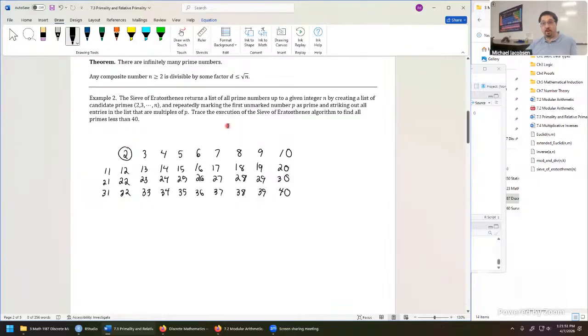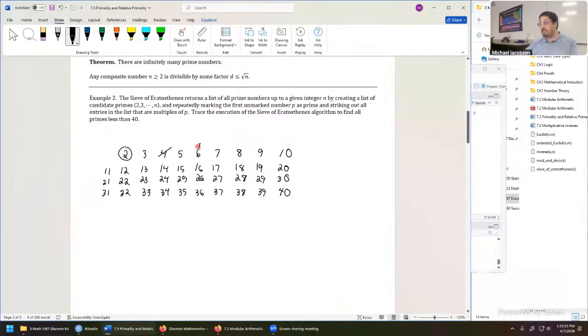Then here's what the next part of the algorithm does. It will repeatedly mark the first number as prime and strike out all entries in this list that are a multiple of that number. So 4 is a multiple of 2, or 4 mod 2 is 0, said in an entirely different but equivalent way. That means this is struck out. 4 we know is not a prime number, so that's the right step to take. We're trying to convert this list into a list only containing primes.